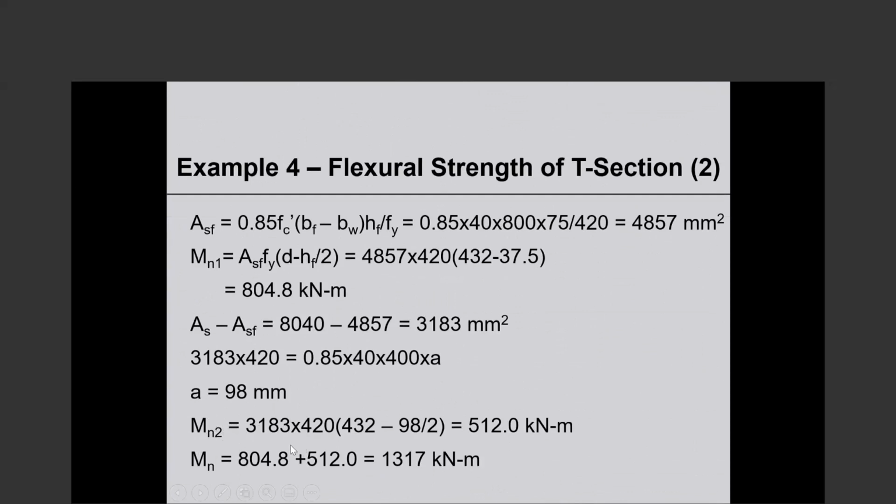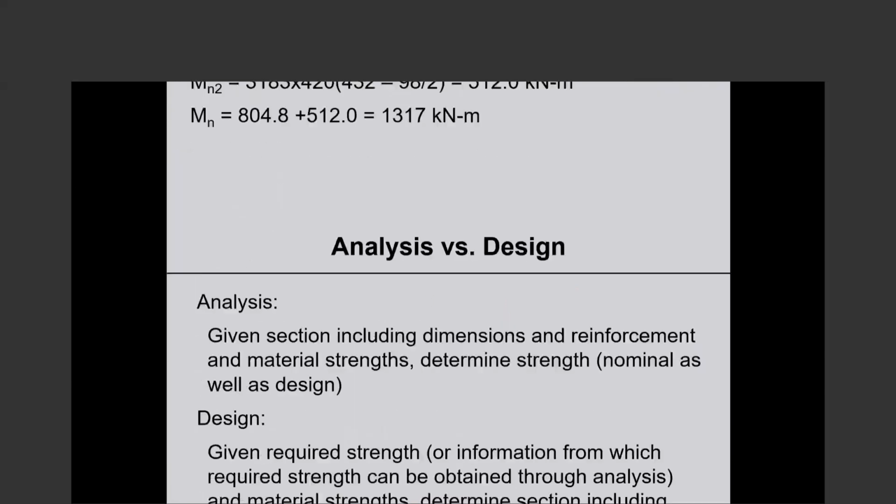The 3183, the total reinforcement in that part of the beam, 420 MPa is the yield strength, 432 is D minus A of 98 millimeters by 2. That comes to 512 kilonewton meters. So the two parts together, 804 and 512, is 1317 kilonewton meters.